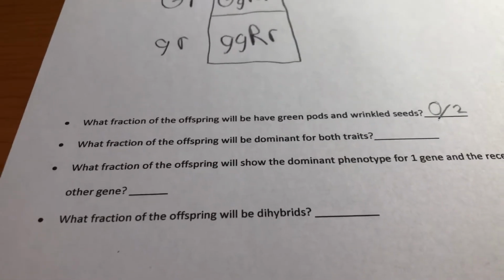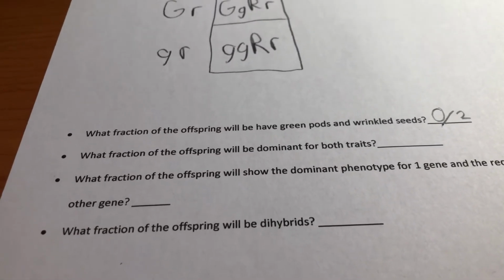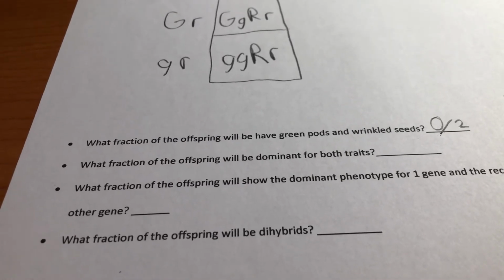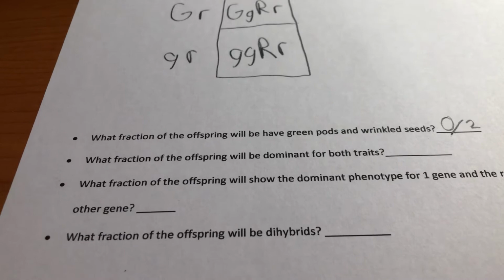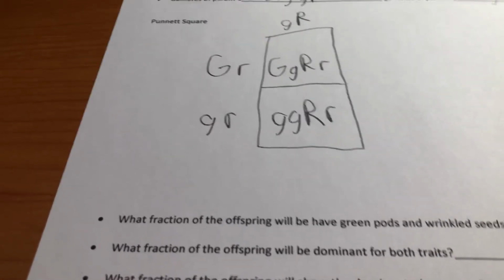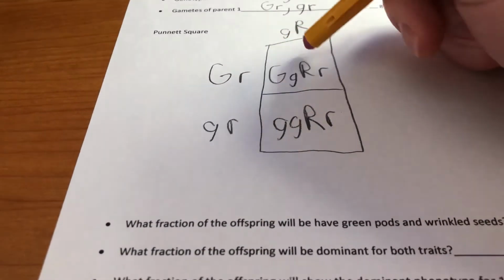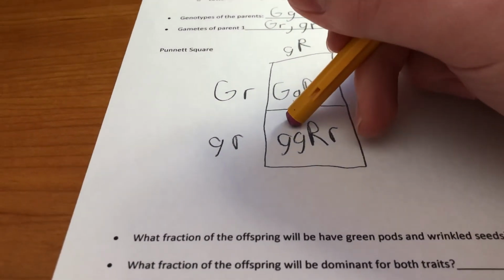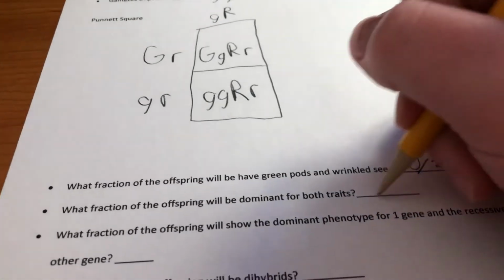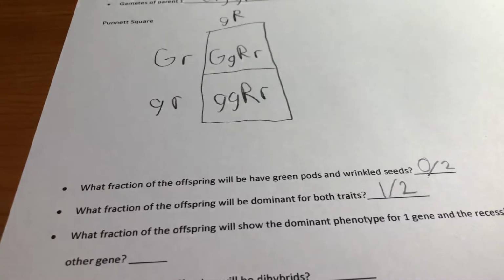Now the second question is, what fraction of the offspring will be dominant for both traits? Now as we look back up to our Punnett Square, we can clearly see that both of those are dominant, but this one is recessive and this one's dominant, so we're only going to have half, which is just 1 of 2.